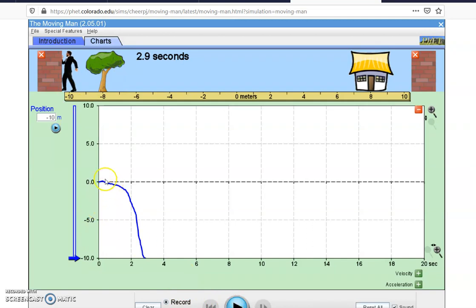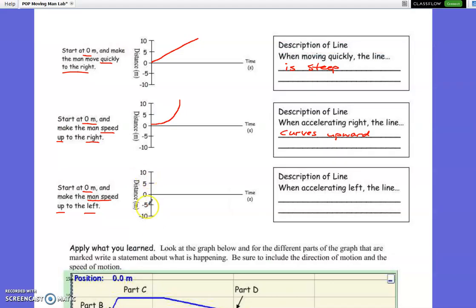And as we speed up, we see that the line curves downward this time. So instead of curving upward like it did before, now it curves downward. So we'll start at 0, starting kind of flat, and then curves down. So in accelerating to the left, the line curves downward.